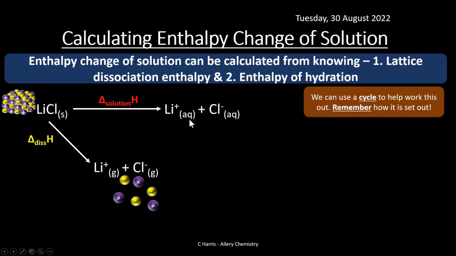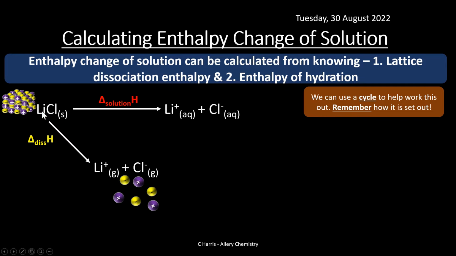So, lattice enthalpy of dissociation, remember that reaction that we talked about before. In theory, what happens is we've got these solid ions, and they're broken down first into their constituent ions. There is an enthalpy change here because they're forming gaseous ions. This is a theoretical model.